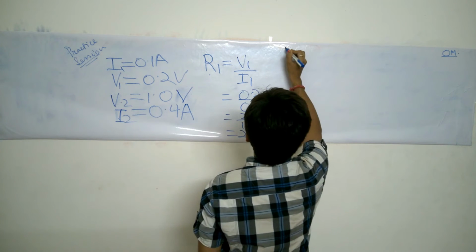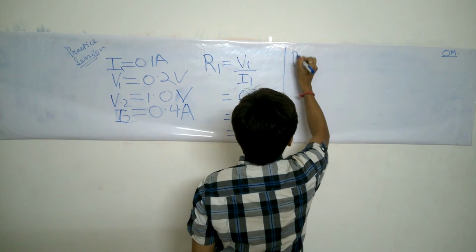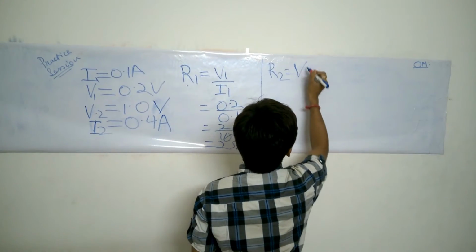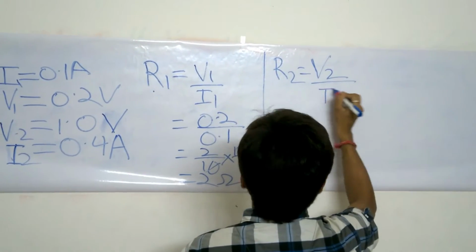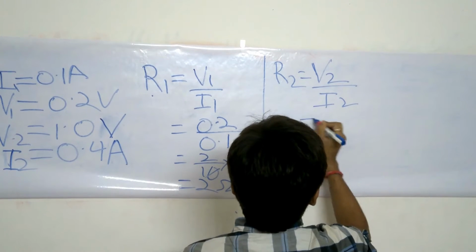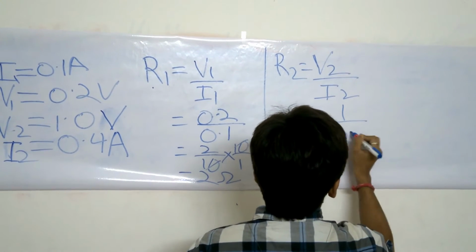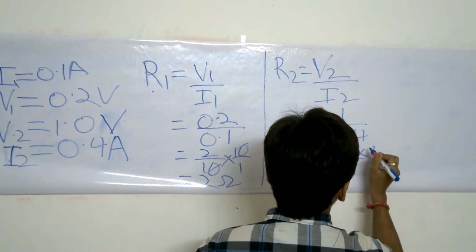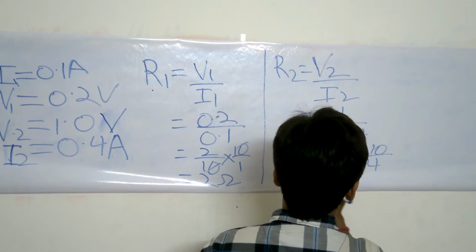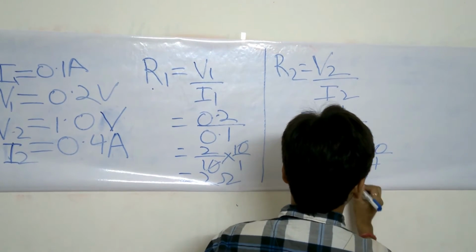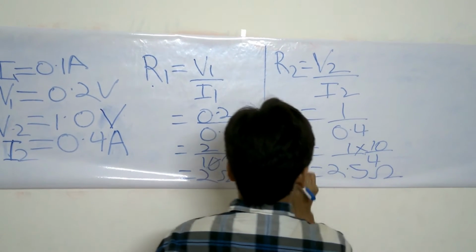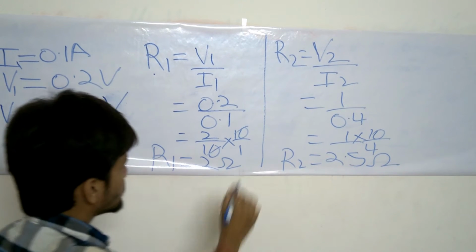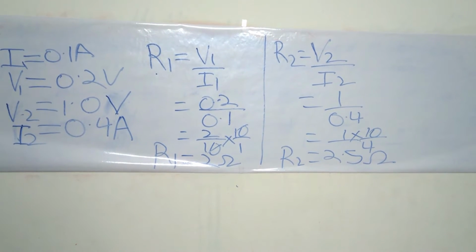For the second case, R2 is equal to V2 by I2. V2 is equal to 1, current is 0.4 ampere. So 10 by 4, that is equal to 2.5. So these two are the resistances in both the cases.